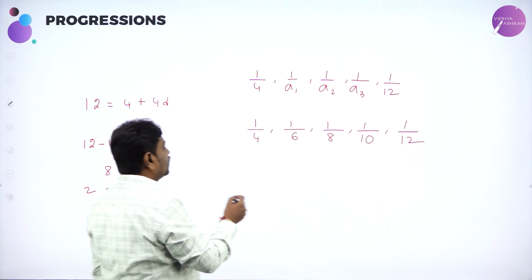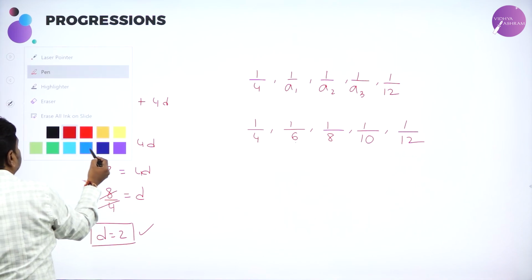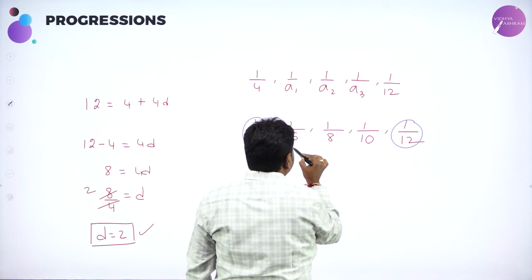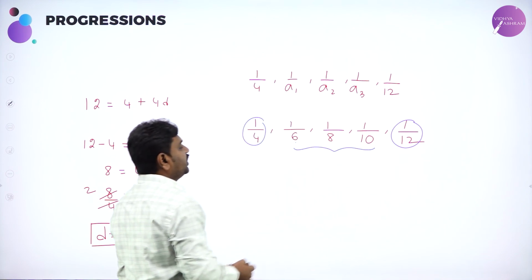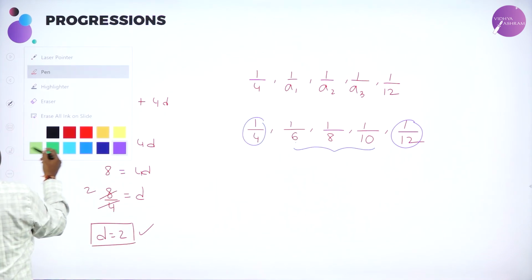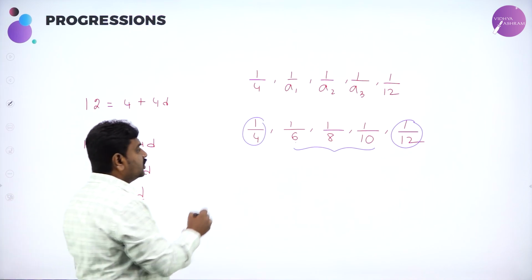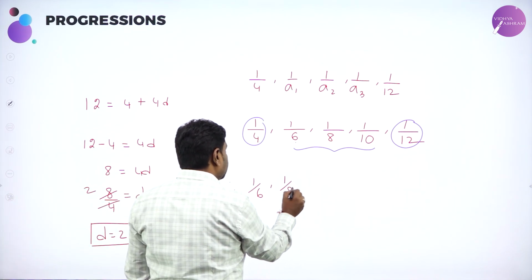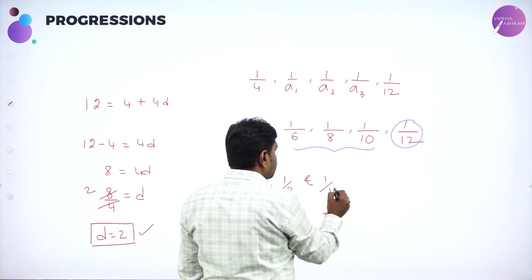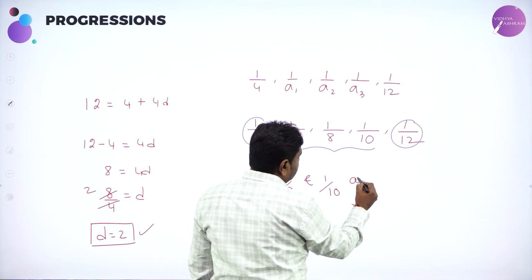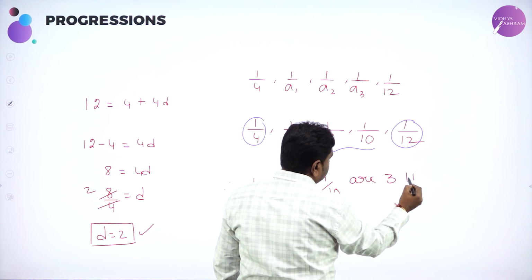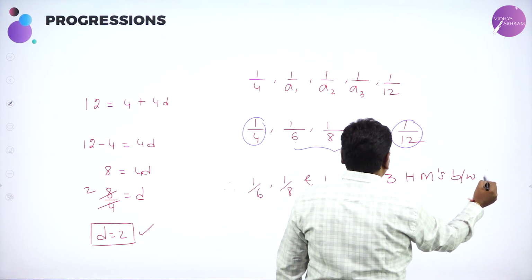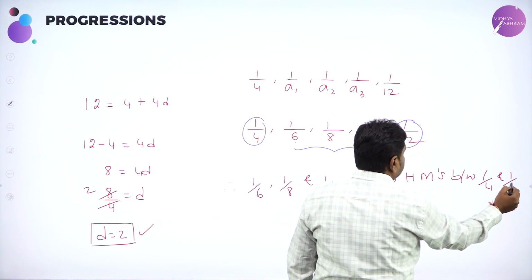So the 3 terms between the given numbers, 1 by 4 and 1 by 12, are what we call harmonic means. Therefore 1 by 6, 1 by 8 and 1 by 10 are 3 HMs between the given numbers 1 by 4 and 1 by 12.